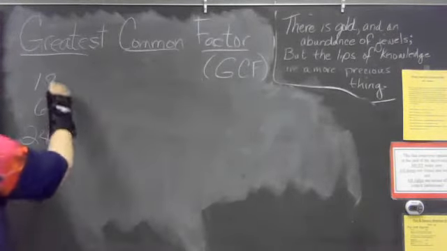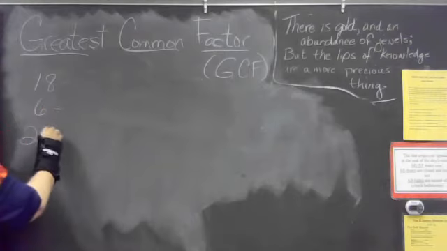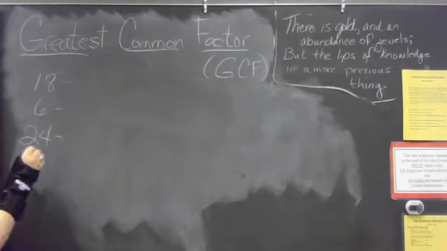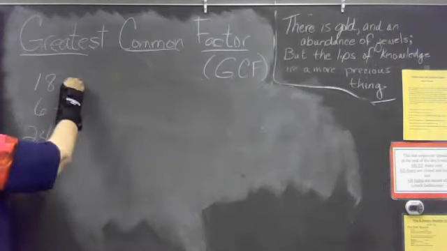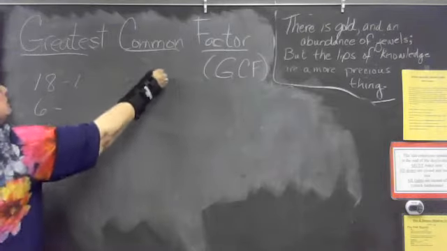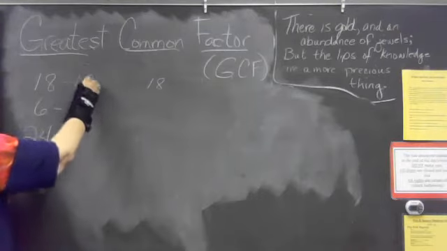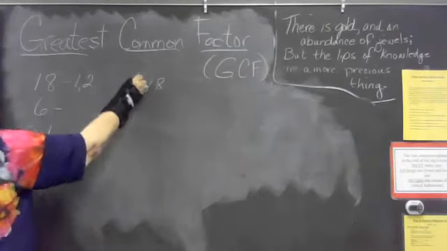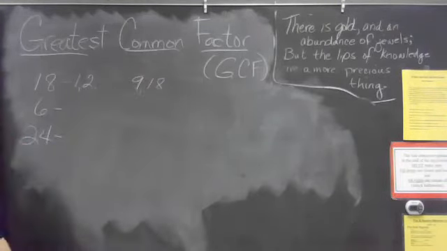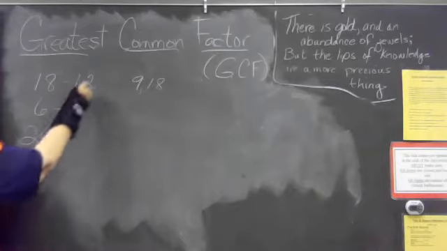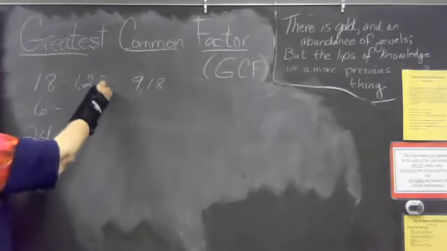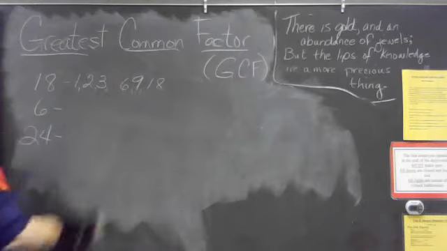All right. So if I list the factors again, I'm going to do it 2 ways. There's 1 and 18. 1 times 18. 2 will go into 18. 2 times 9. 3 will go into 18. 3 times 6.